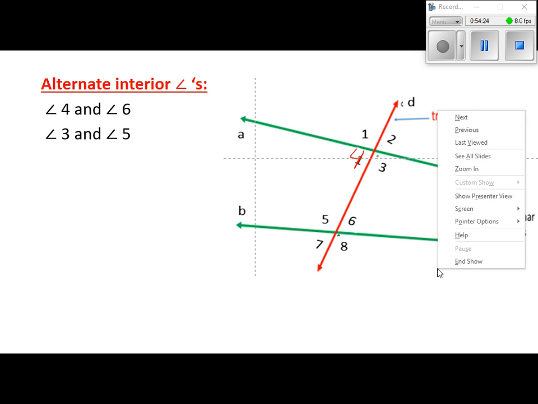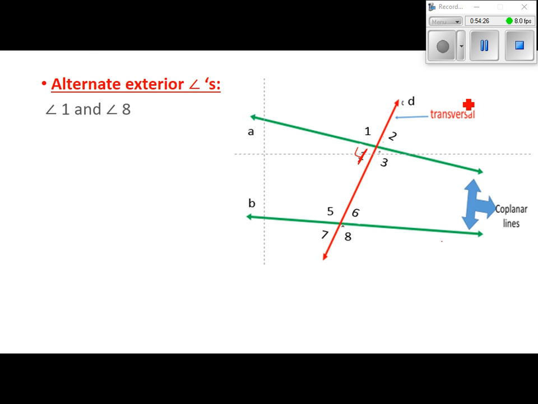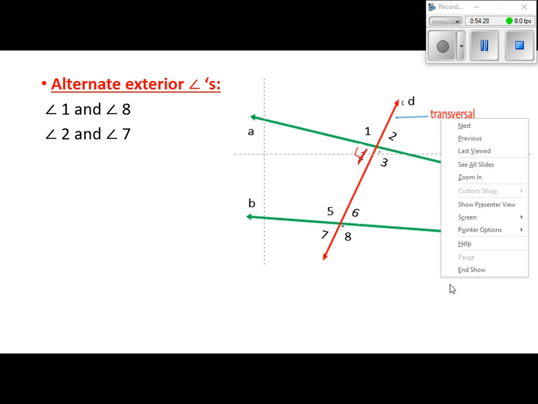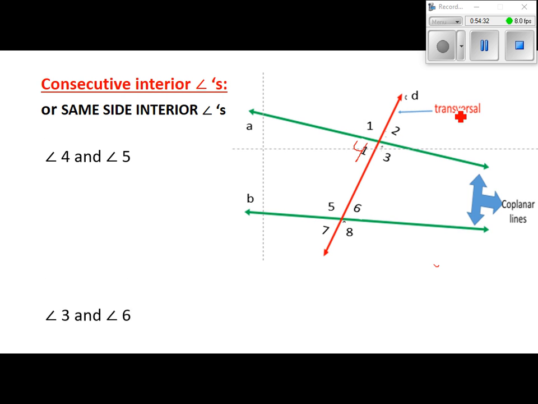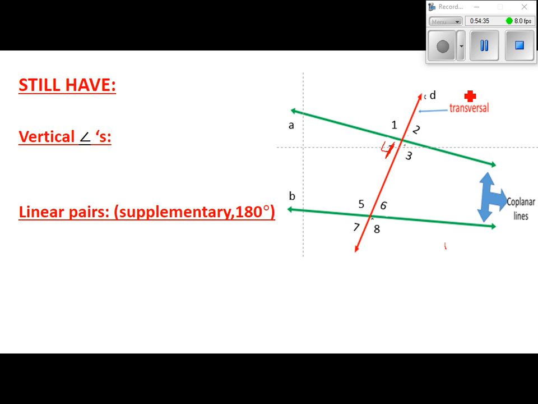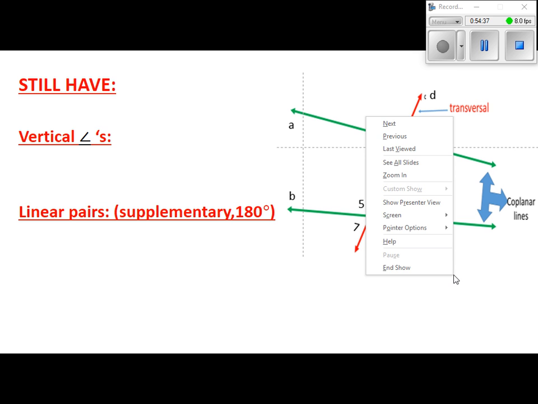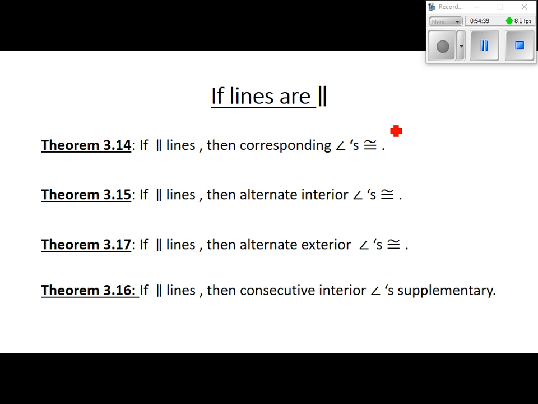Is that the one? Go to right here. Is it 3-7? That's it.